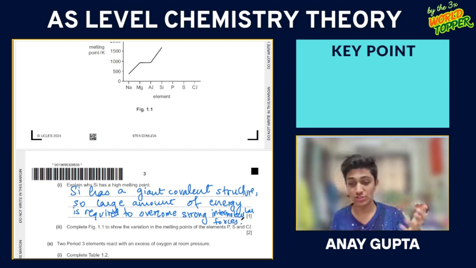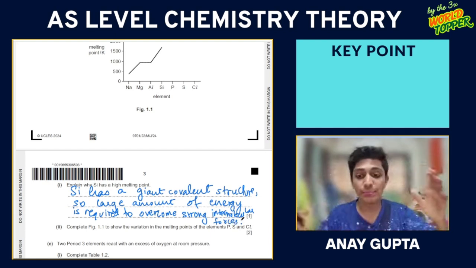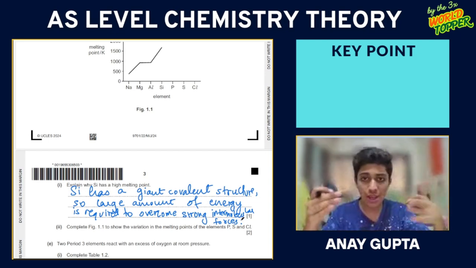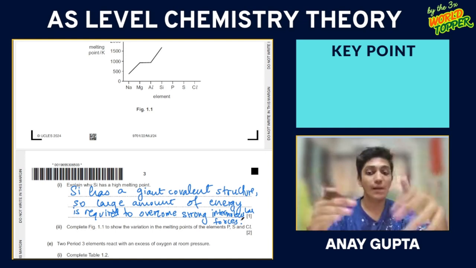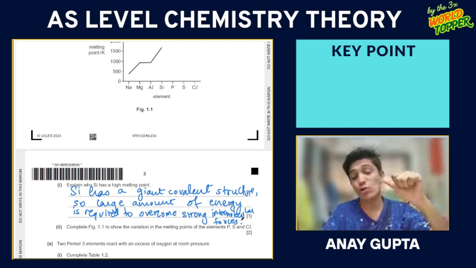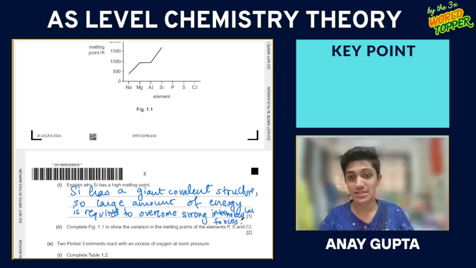Or strong bonds, whatever. But you need to mention that the bonds or the bonding is strong, and that is why the structure is giant covalent, and that is why the melting point is high. So we need to talk about bonding and structure for silicon.